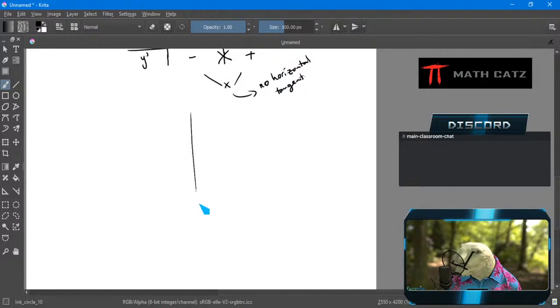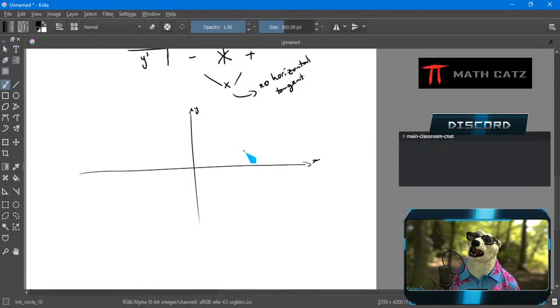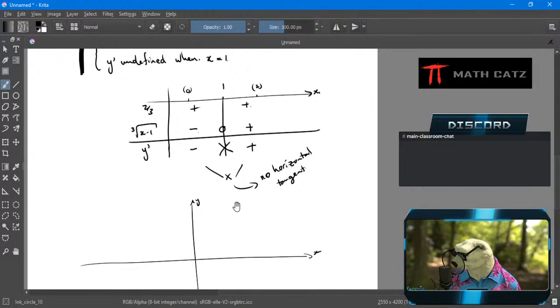Let me set up a graph so I can at least visualize something. So, of course, we're just doing step 3. And again, that is not sufficient to clearly know what the graph looks like.